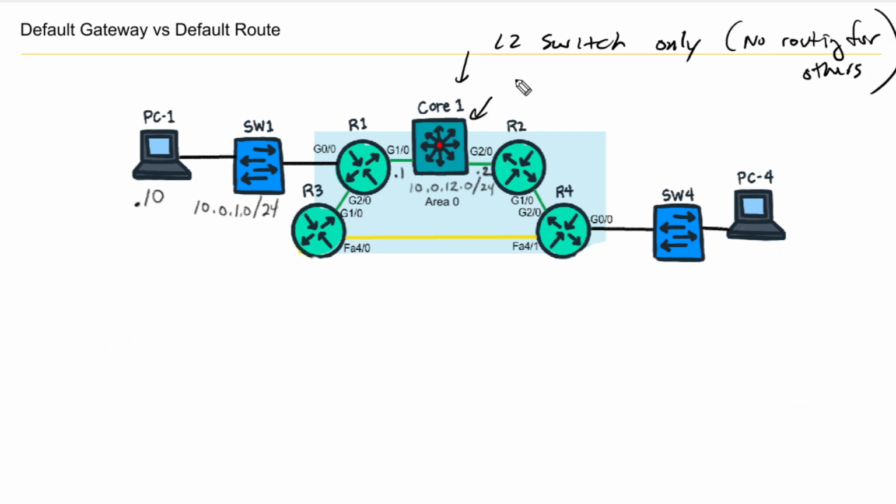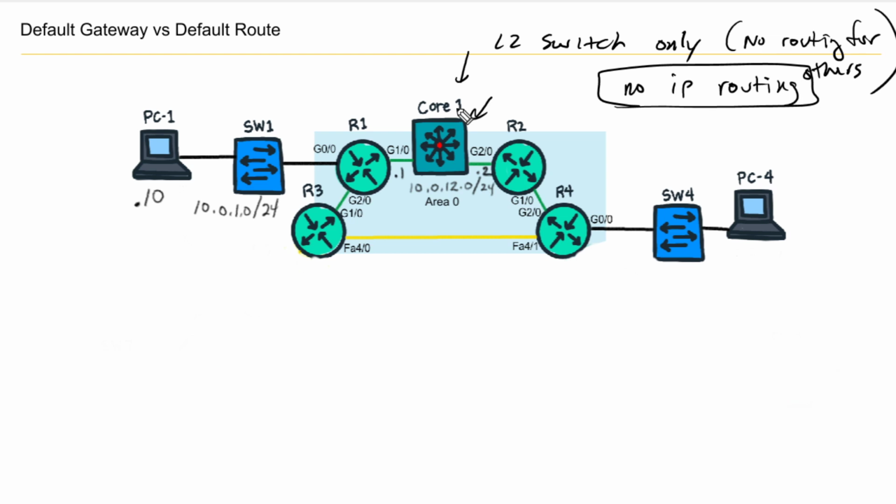We can do that on this switch by simply saying no ip routing. So if we do no ip routing on this multi-layer switch, it's going to be effectively a layer 2 switch only, with no routing capabilities for other devices.